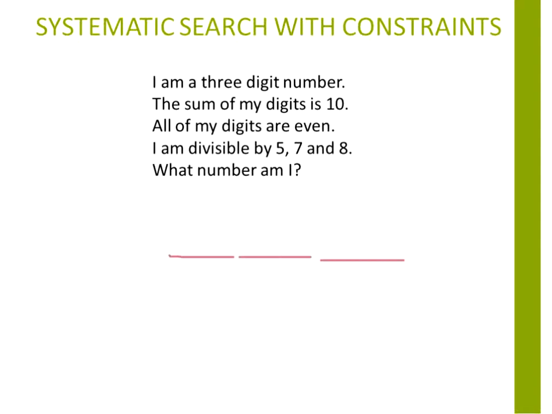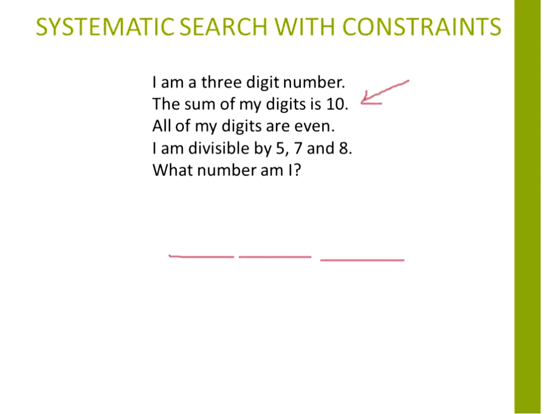So if you take a look at this problem, can anyone identify, maybe you could write in the chat, which of those hints would be most useful? It might not be just one hint, it might be a combination of hints. Where can you eliminate the greatest number of possibilities very, very quickly? So I'm going to talk through some things here. Suppose I say the sum of my digits is 10.